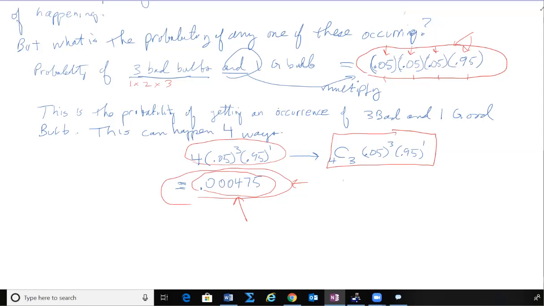So you might be suspect of these numbers. If you were the quality control people, you might be thinking, wait a minute, how could I get a sample this bad with 3 bad bulbs if this is the probability?